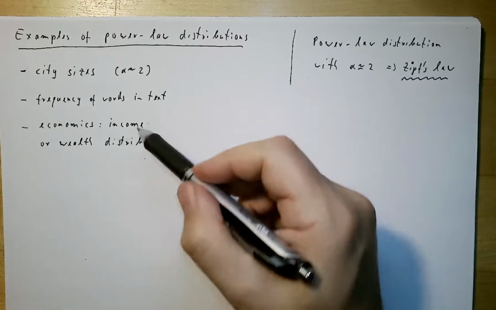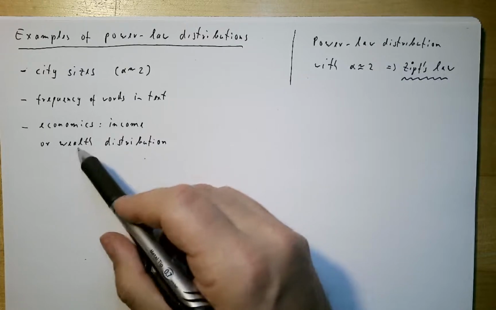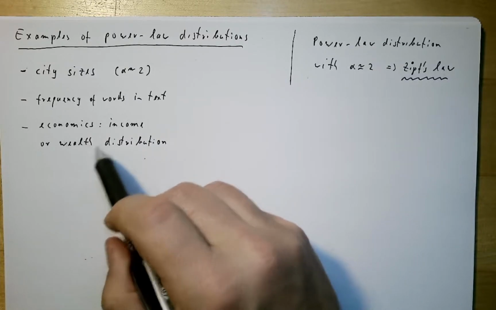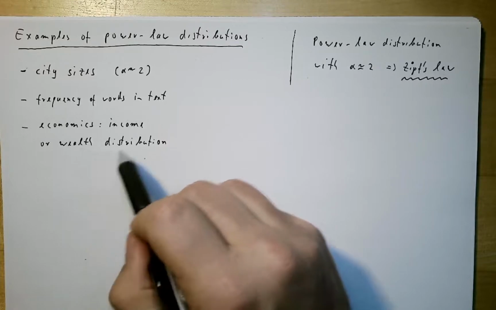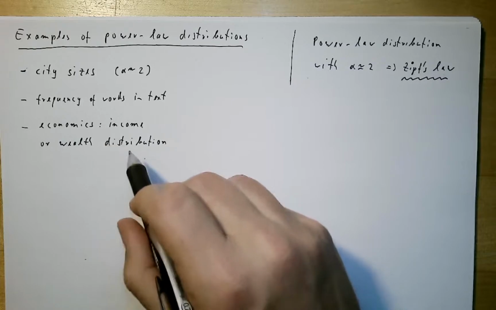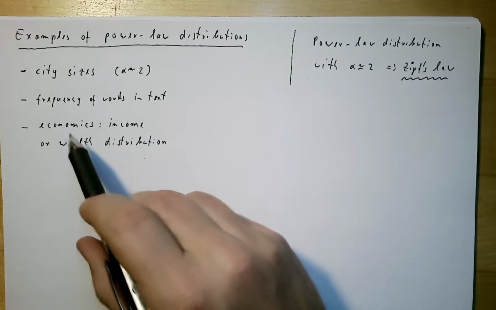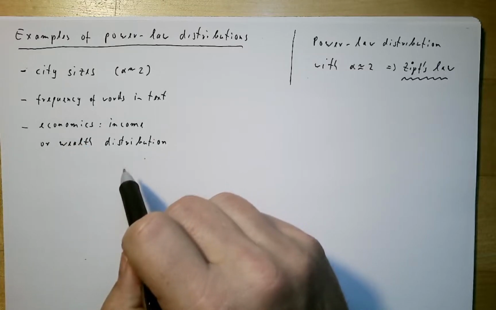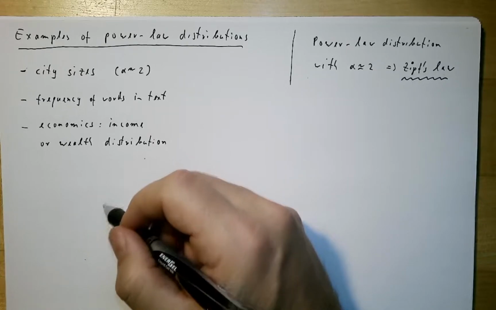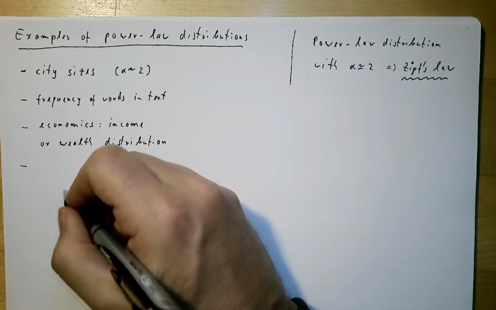So how many people earn much money, or how many people have a wealth of a certain amount. Then you will find that most people are poor, but then you have a few multi-billionaires like Bill Gates and so on, who have a lot of money. And again, this distribution follows a power law. You could look at sales curves.